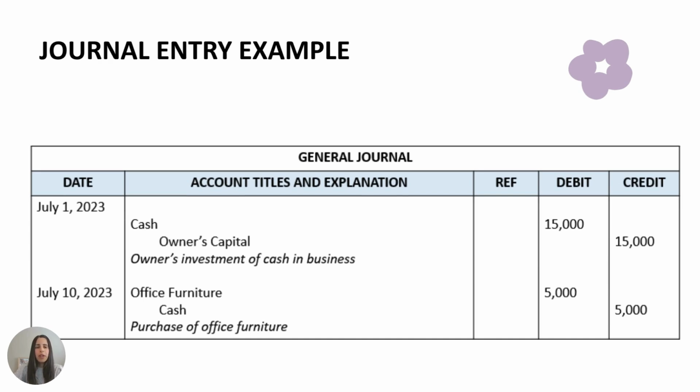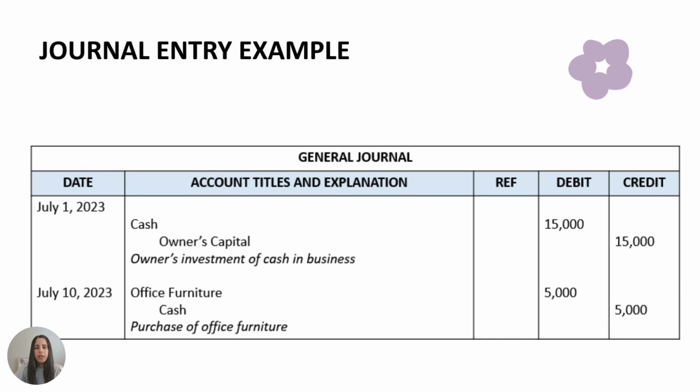So let's say an owner invests cash into the business. This can be translated into a journal entry. Cash is going to be increased, right? Because an owner is investing cash into the business, and owner's capital will also be increased because, if you can recall, investments increase owner's capital.